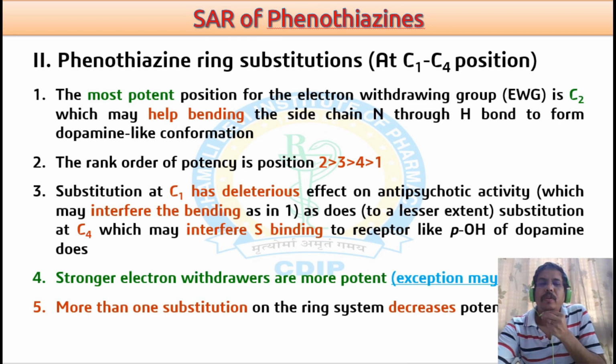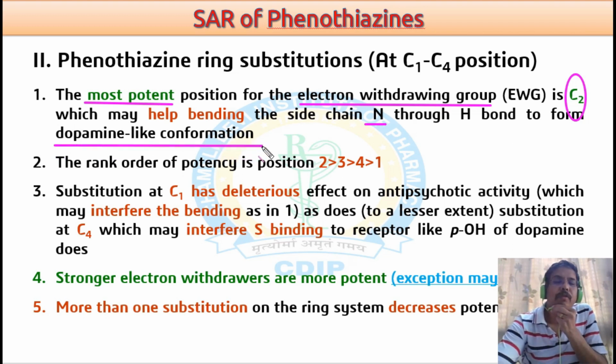So if you look for the conclusion from that, the most potent position for the electron withdrawing group is C2, which may help bending the side chain of nitrogen through hydrogen bond to form dopamine like conformation, and by virtue of that they are able to fit in a proper fashion in the pocket of the receptor.